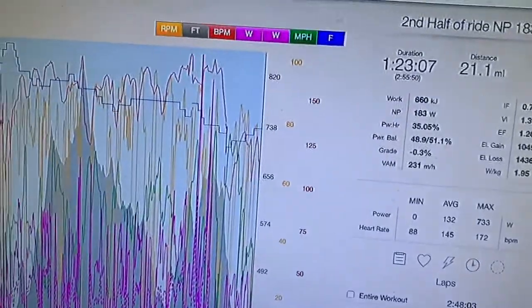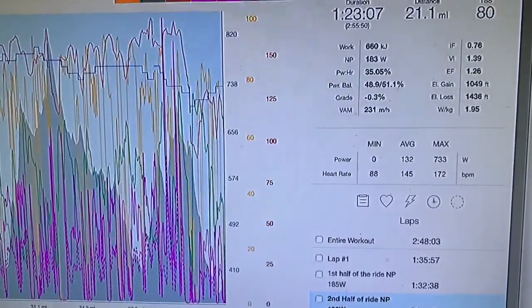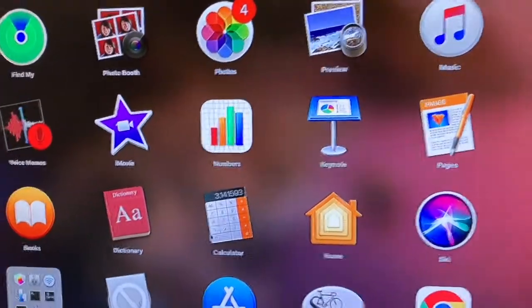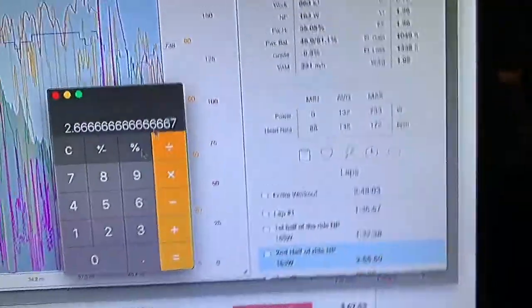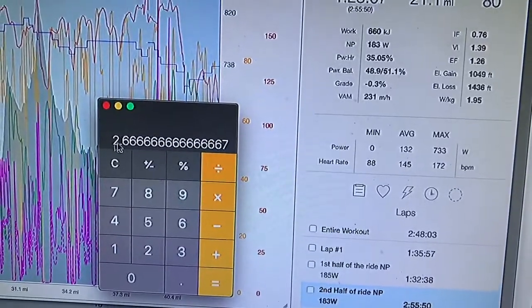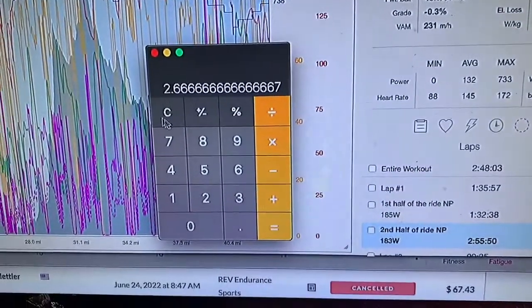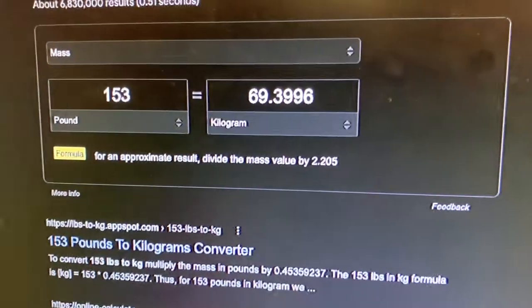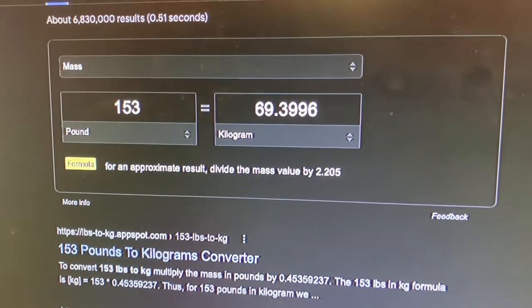Okay, so let's just talk about this watts per kilo information that I was just talking about. So we're going to get our calculator here. And this is what I meant about 2.7. Basically, I weigh today 153 pounds, 69.3 kilograms.